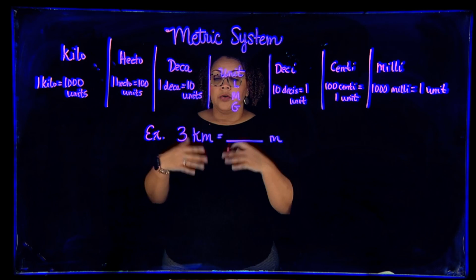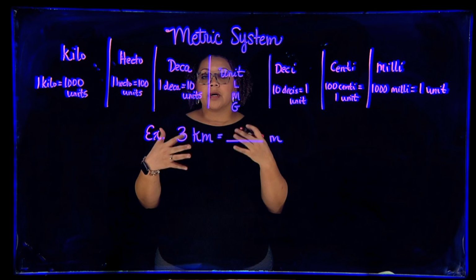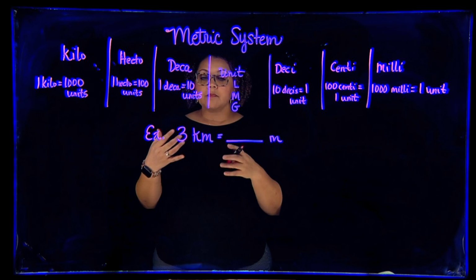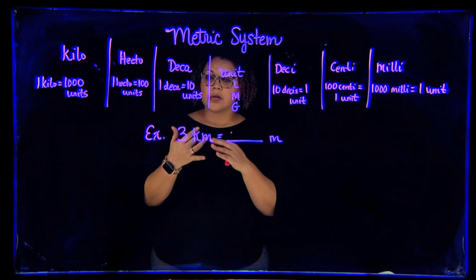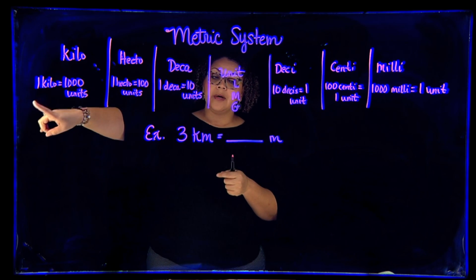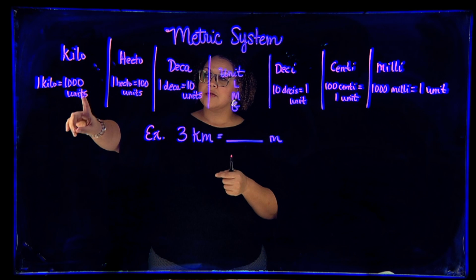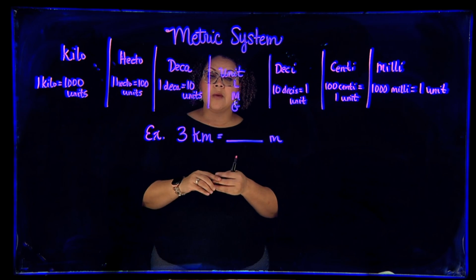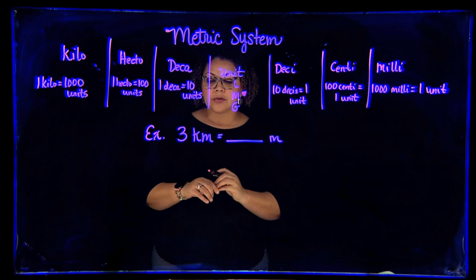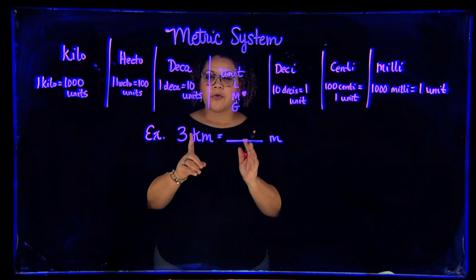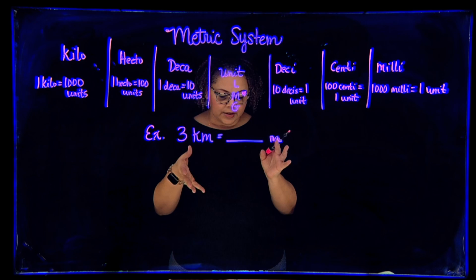There are several ways that we can solve these. First, you need to know what the conversion is. So as I have here, in 1 kilo, there are 1,000 units. So since I'm working with meters, we can use that conversion to solve. So I'm going to show you that way first, and then I'll show you the shortcut way.